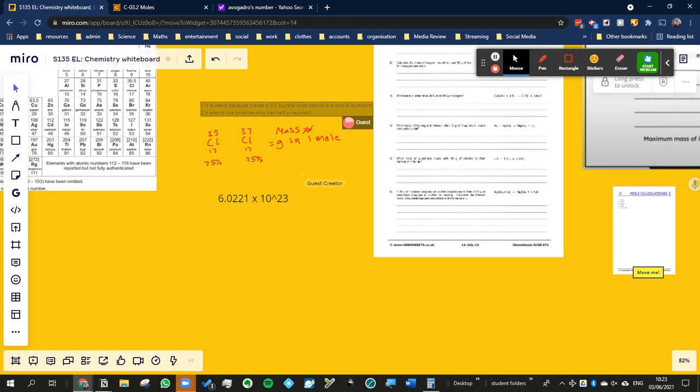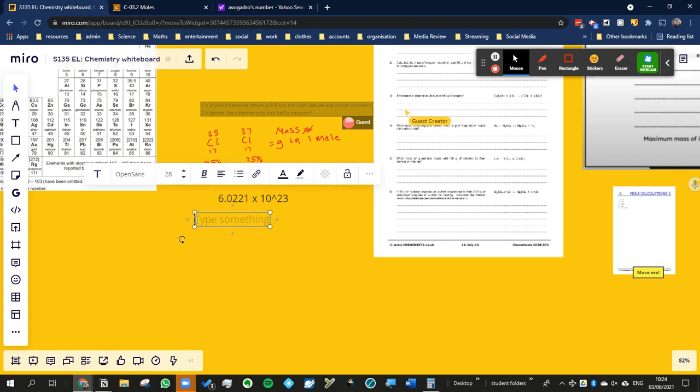Okay, so basically, what Avogadro's number is, it's saying this is the amount of, well, it's saying particles. We'll use the word particles. I'm not going to use the word atoms or molecules because particle is being used to describe either whether it could be atoms or whether it's molecules. It's a more general word. The amount of particles in 1 mole.